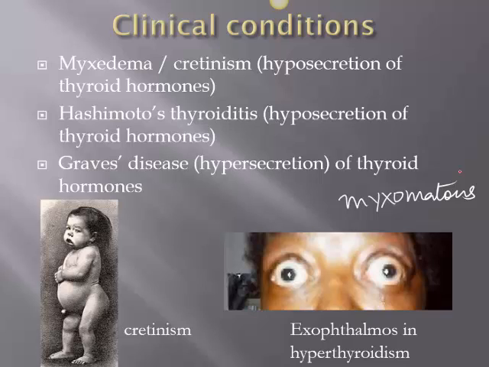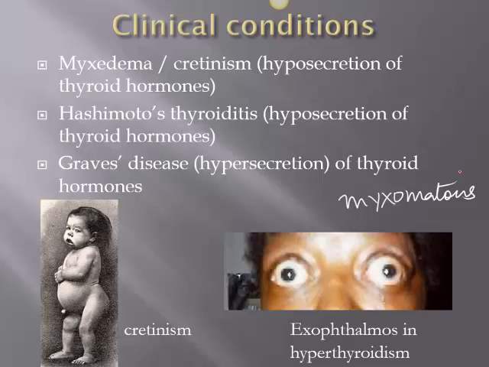So a person with myxedema might present with carpal tunnel syndrome, because the carpal tunnel at your wrist is a very narrow space, and you have the median nerve and lots of tendons passing through that. So already there is a traffic jam there. You add some more tissue there, you make it even more tight, and so the median nerve gets compressed. So one of the presenting symptoms could be carpal tunnel syndrome.